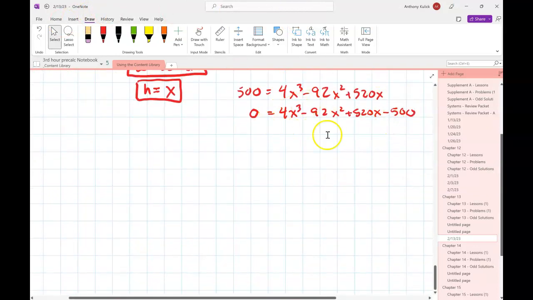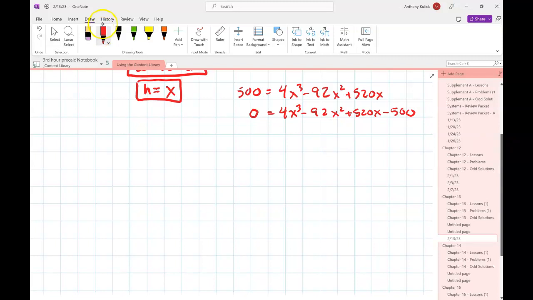Now, how do we want to solve this? Notice there's no variable greatest common factor. Probably could divide by 4. I'm not sure that 92 is divisible by 4, but I'm sure everything else is. It is. Okay. We can do that if you'd like.